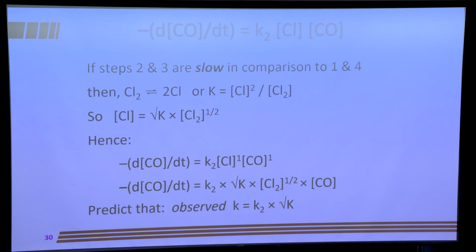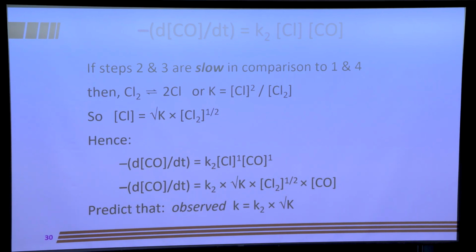Okay. So for reaction 2, the change in concentration of CO with respect to time is the second order rate constant times Cl to the power of 1 times CO to the power of 1. But we know that the concentration of Cl is actually the square root of the equilibrium constant for Cl2 giving us 2 Cls, times the square root of the concentration of Cl2, right?